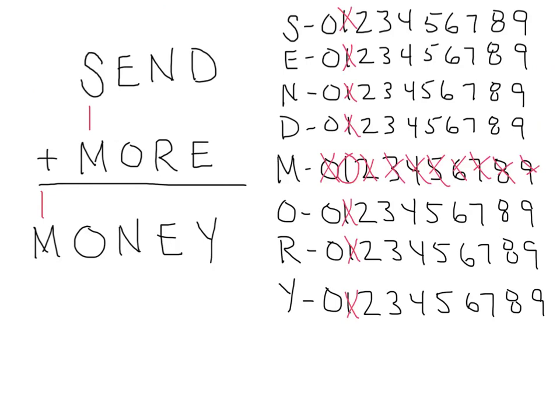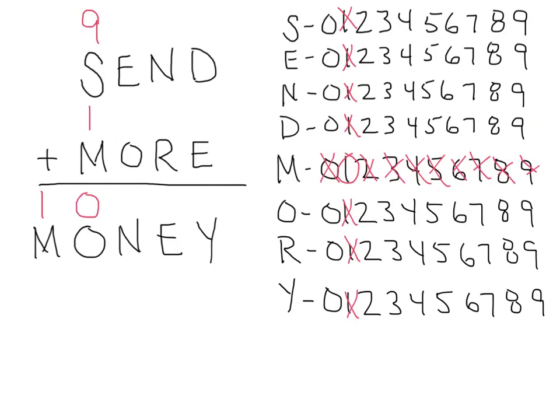Well, S can't be 12 or 13. The biggest number that S could be is 9. And 9 plus 1 is 10. Okay, so that's what it has to be. S has to be 9. So 9 plus 1 is 10.